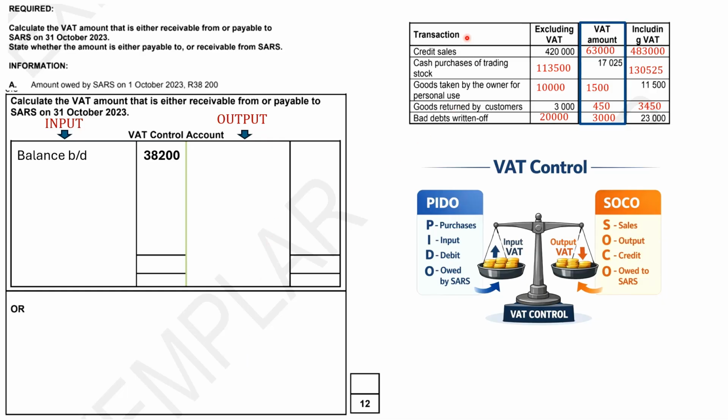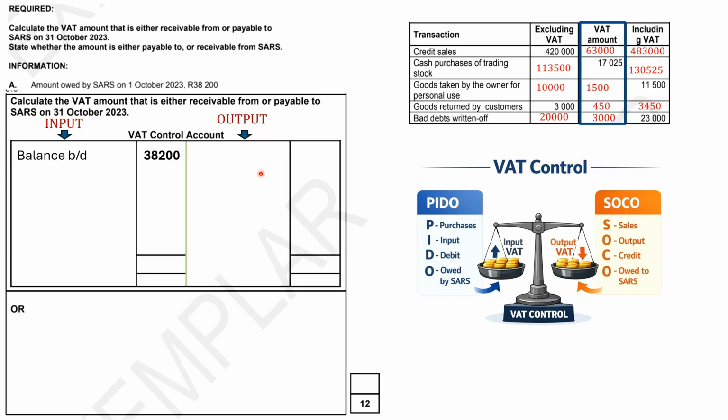Okay, so now that we have our balance, we do the first transaction. Remember, don't forget that we're using our VAT amounts. We're only recording the VAT amounts. So the first transaction we have here is credit sales. If you take a look here, SOCO sales, that means it's on our output. Also follow the stock, follow the goods. Where are the goods? If we sell on credit, the goods are going out.